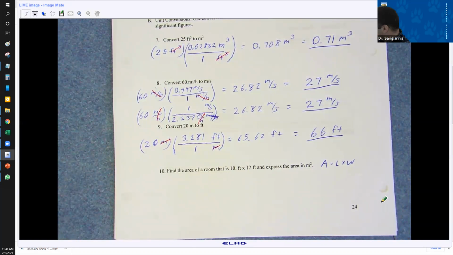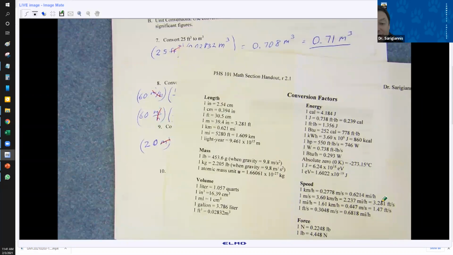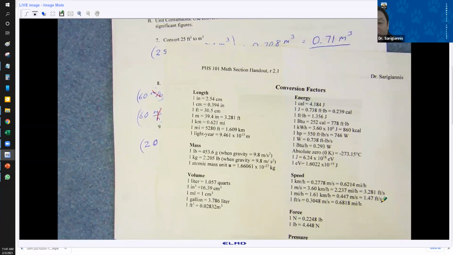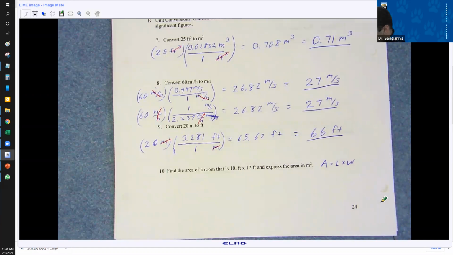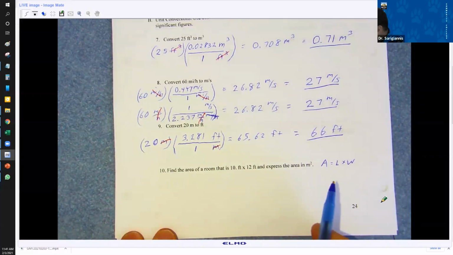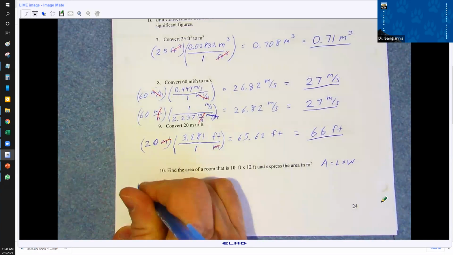We don't have a conversion factor for area, so we actually have to go in and convert each of the lengths first. Now I'm going to do this in one shot. I'm going to multiply length and width. So the first thing I do is I have 10 feet.